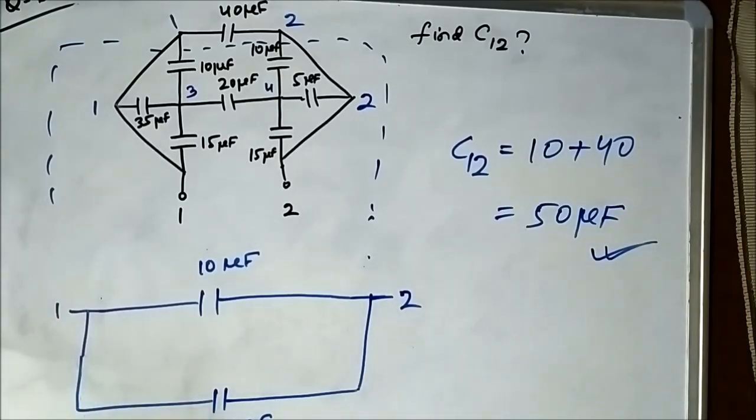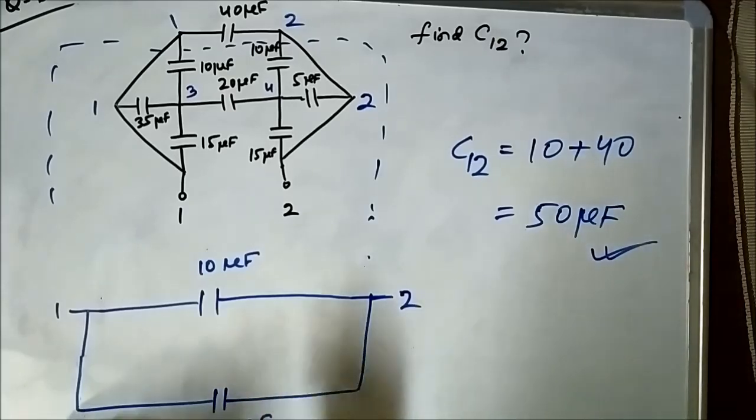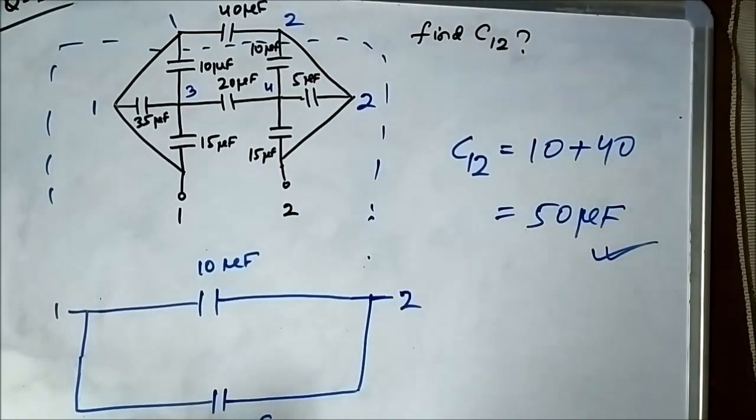So this circuit was important because of these shorted terminals. This can create confusion as to where to start simplifying the circuit, because then it will be difficult to identify patterns.